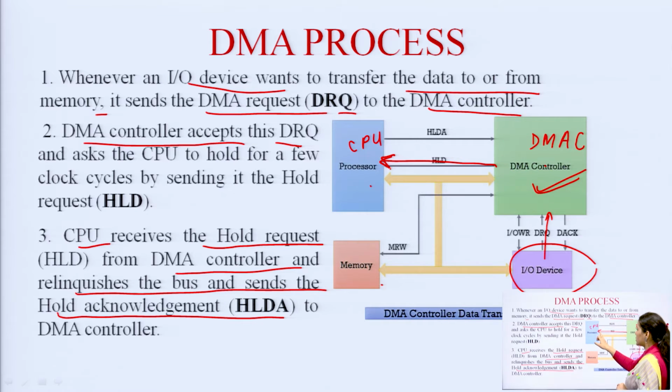So, now this request is received by the processor. Now, the CPU will relinquish all the buses, that is intentionally, by desire, it will leave all the buses, it will free up all the buses and then sends the acknowledgement signal to the DMAC. What is this acknowledgement? That yes, I have received the request and I am making all the buses free for the processing of DMAC.